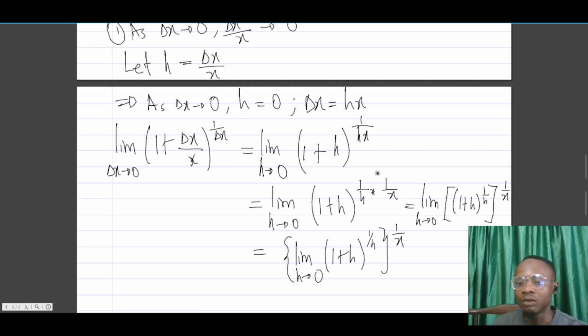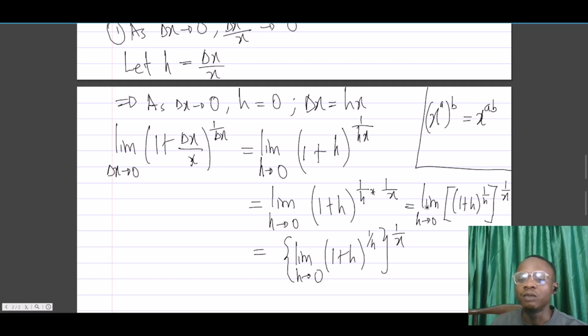I mean, we can move out this 1 over x from here, and it just follows from the fact that x to the power of a, all to the power of b, is the same as x to the power of a times b. So basically, when we have the two powers multiplied, we can separate them out, take one of them in and put the other outside, affecting all of this expression. So that's what we have done here.